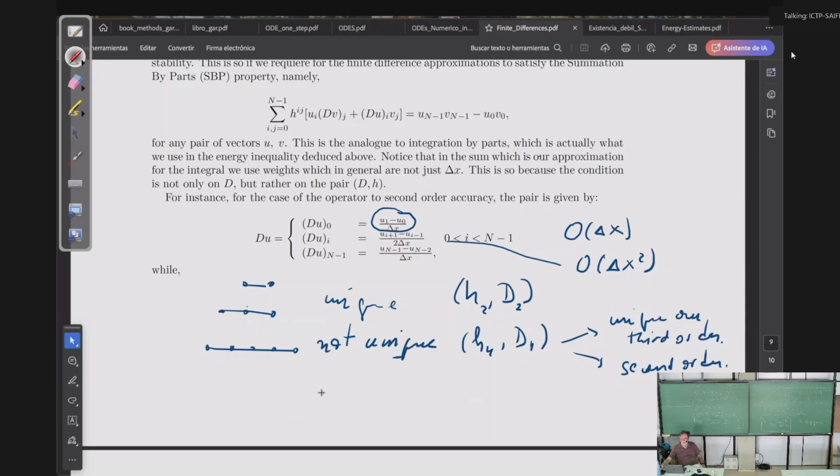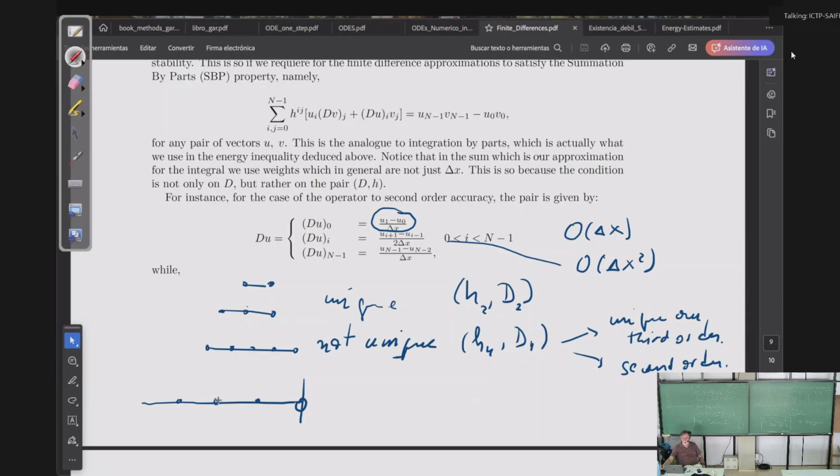For instance, if you say, okay, say I'm in this boundary, this is the boundary point, I can get a criteria which you say I want to use a less amount of points possible to get to this point. By the way, suppose I want this method, right, which is fourth order.